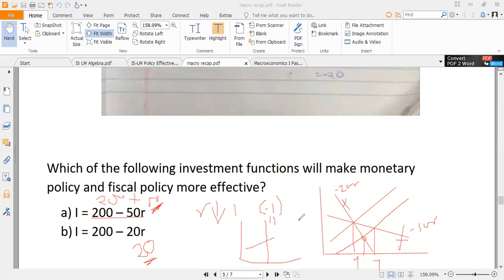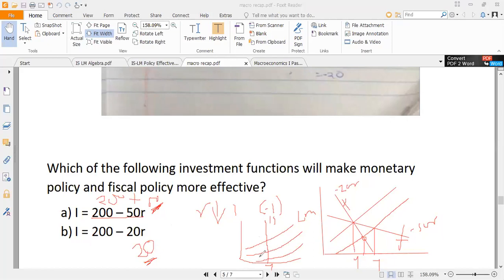This is your LM. So we have our Y here. If you increase money supply, this is what is going to happen. There's no change in Y. If you keep on increasing it, there will be no change in Y, because the investment doesn't respond to changes in interest rate at all.